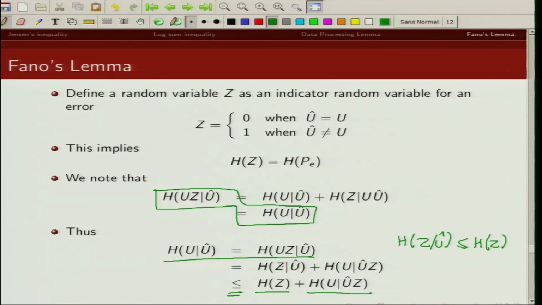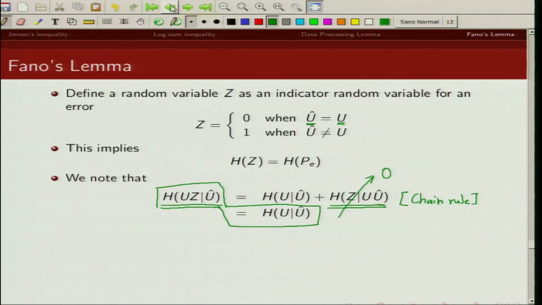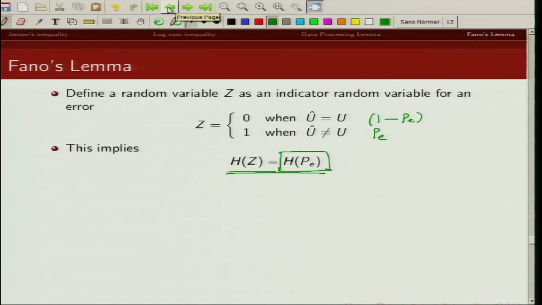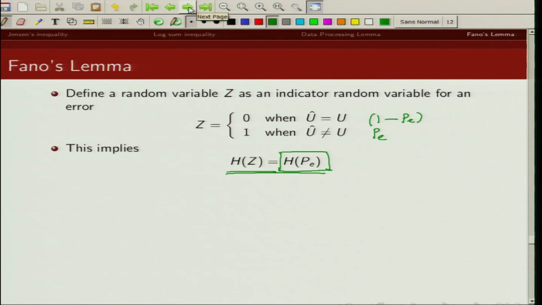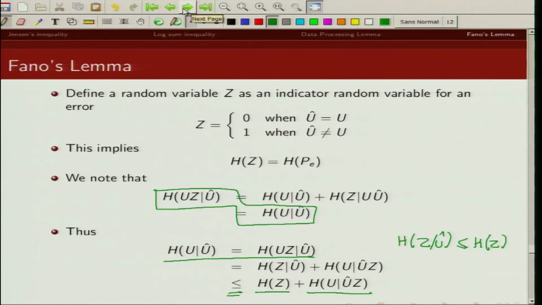Basically when U hat is independent of Z. In other words, when this condition holds, when the probability of error is the same irrespective of what U is, then H of Z given U hat will be H of Z. So from here to here, it follows from the fact that conditioning cannot increase entropy.